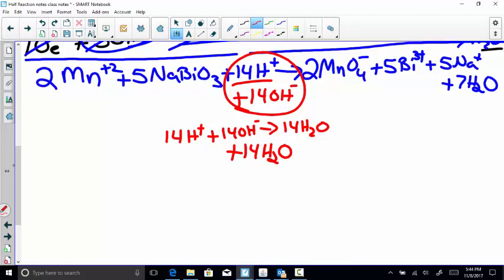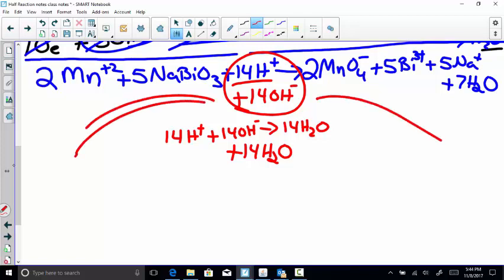However, this is just like math class. Whatever you do to one side of the equation, I must do to the other side of the equation. So if I added 14 OHs to the left, I must add 14 OH minuses to the right. Now, I have a mess again, so I'm going to rewrite.